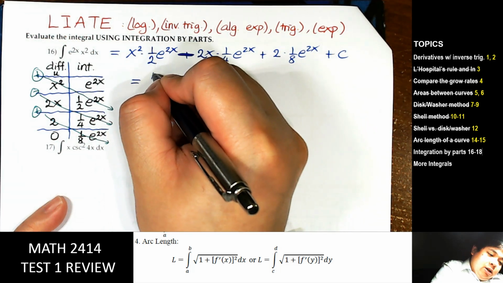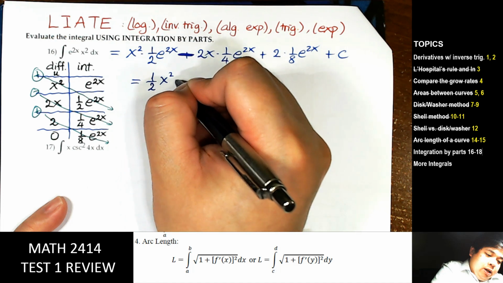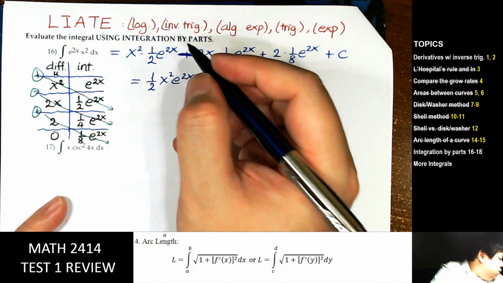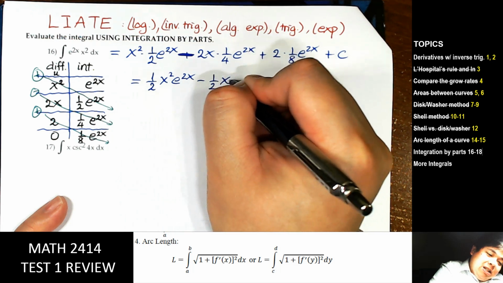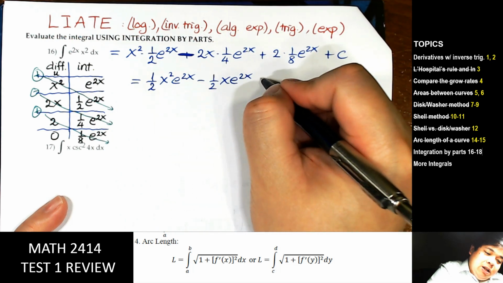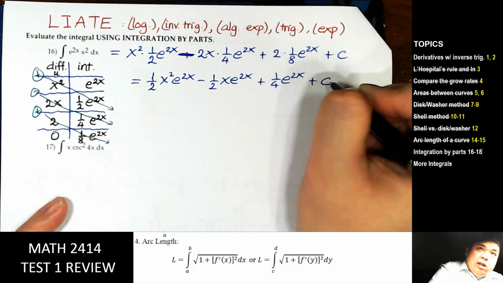Right, rewrite this: 1/2 x squared e to the 2x minus 1/2 x e to the 2x plus 1/4 e to the 2x plus c.